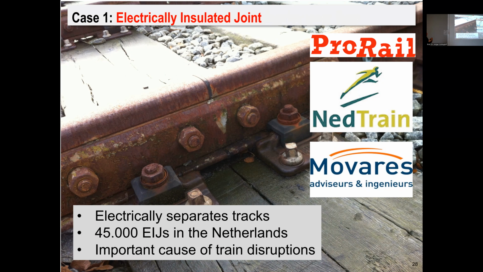This is the device over here, and it electrically separates the tracks. There are quite a lot of joints in the Netherlands, and they are an important cause of train disruption.